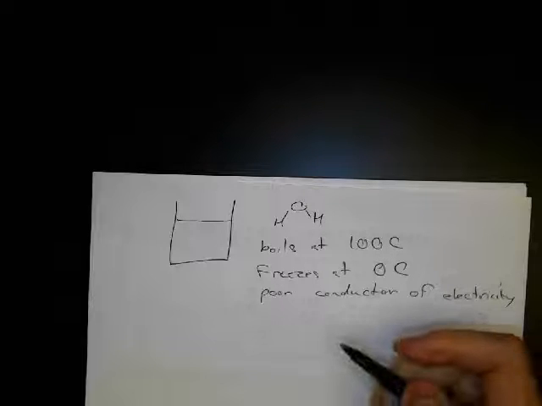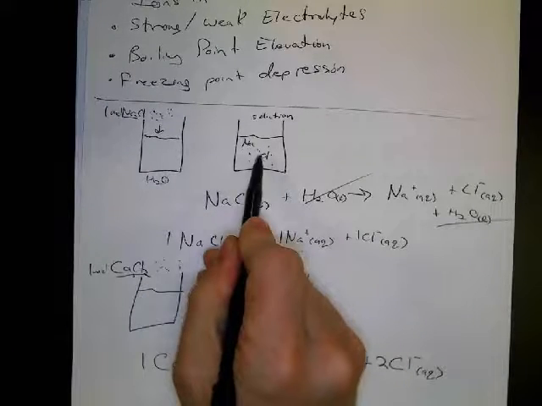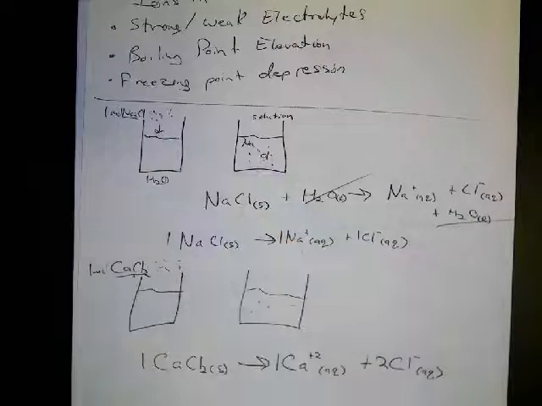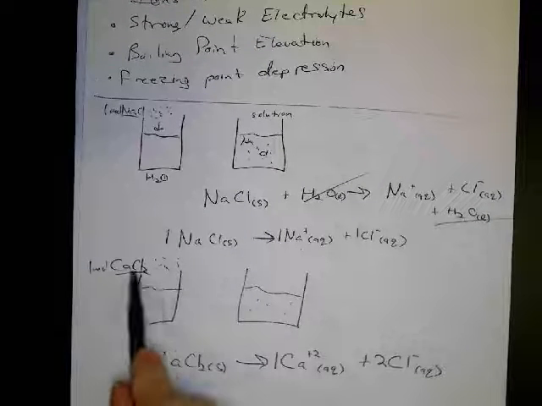So if we go back here to our salt solutions, a salt solution of sodium chloride is actually a much better conductor of electricity because you have all these positive and negative particles that are free to move around in it, and the same is true of calcium chloride.